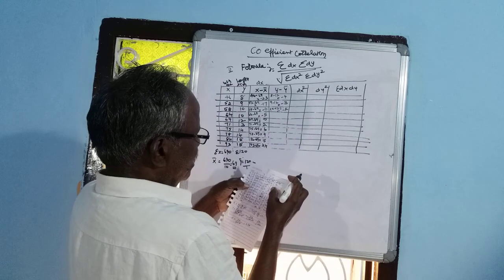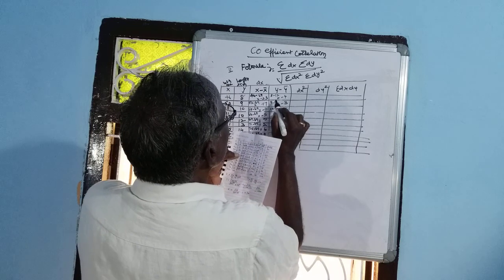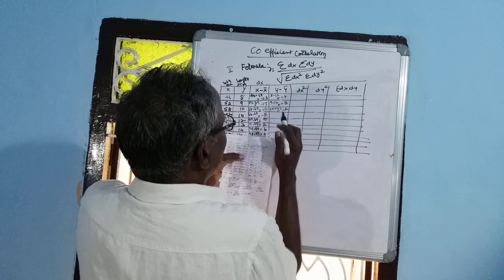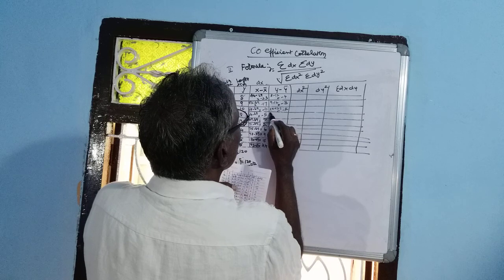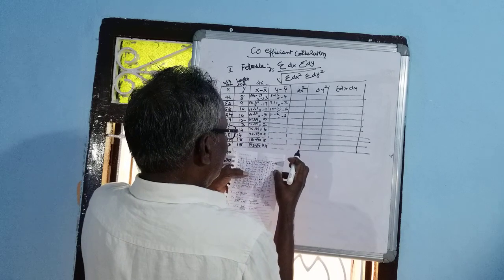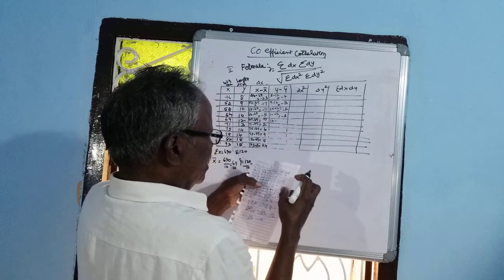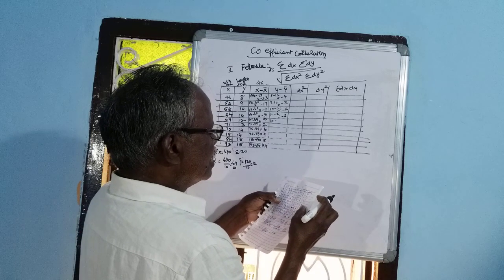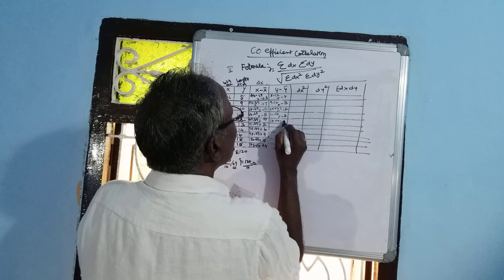Then 10 minus 12, 8 minus 12, 9 minus 12, and then 10 minus 12, and then again 10 minus 12, 12 minus 12 is 0.